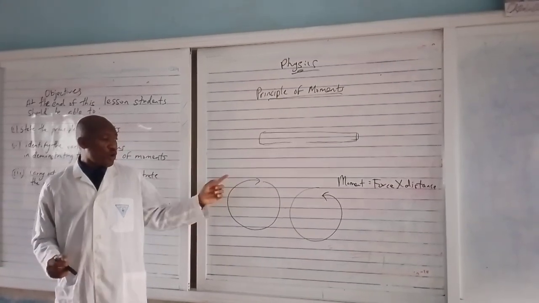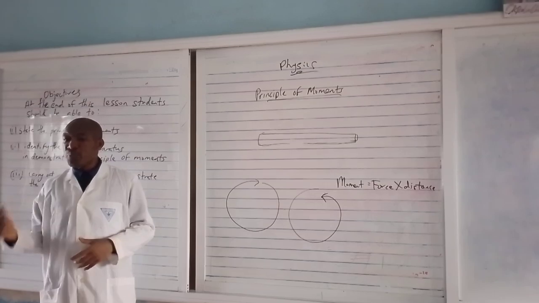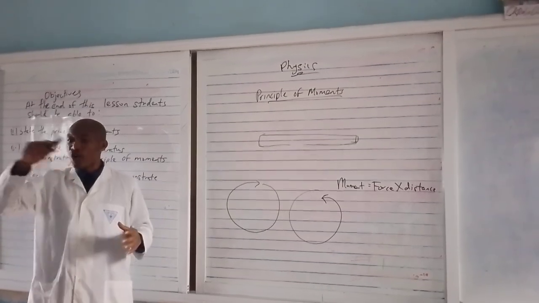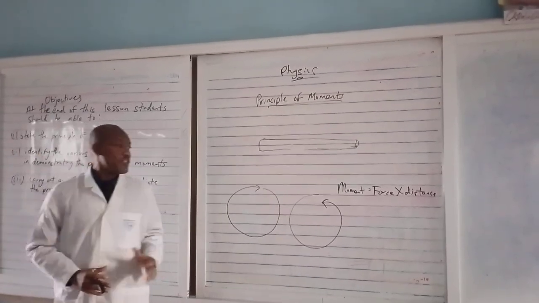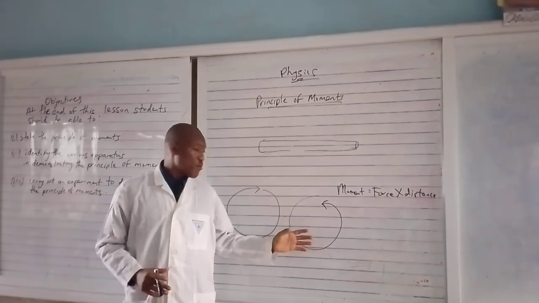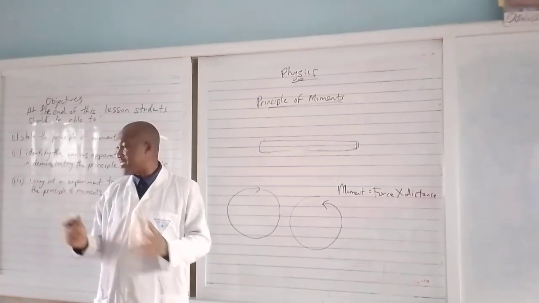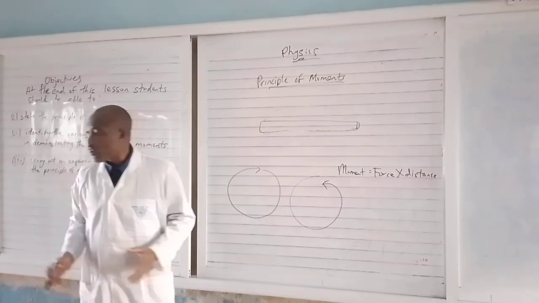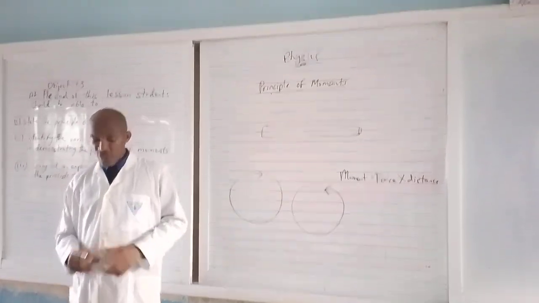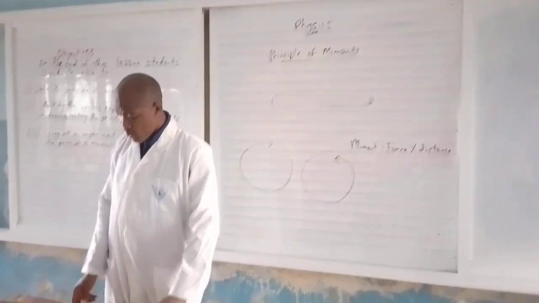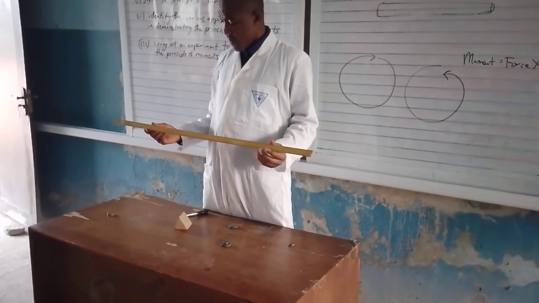When we say clockwise moment, we are saying the product of force and distance in a clockwise direction. If we say anti-clockwise moment, then we're talking about the product of force and distance in an anti-clockwise direction.